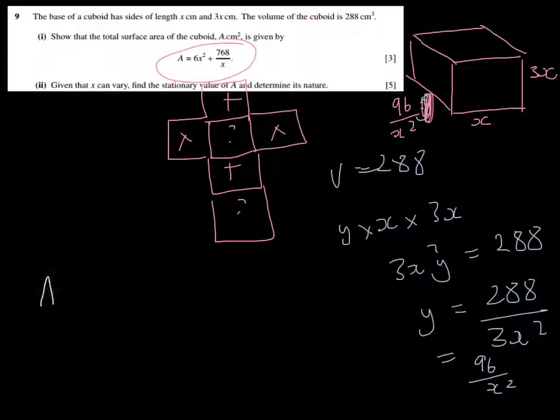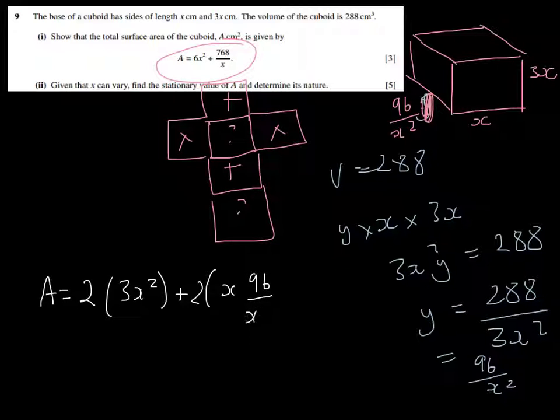So the surface area is going to be 2 lots of x times 3x, which is 3x squared. Also, it's going to be 2 lots of x times 96 over x squared.